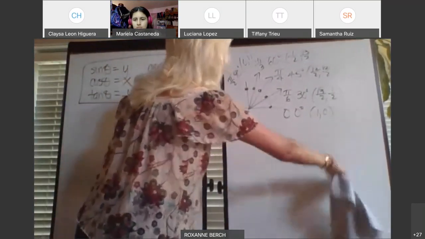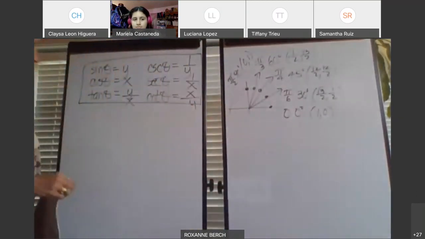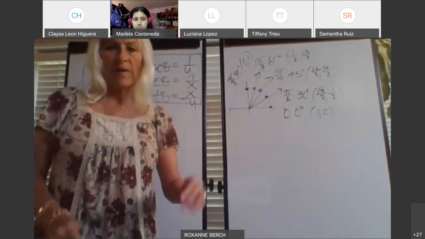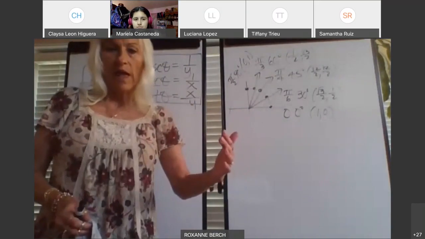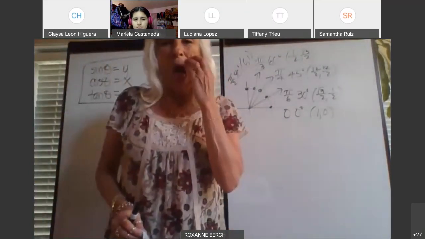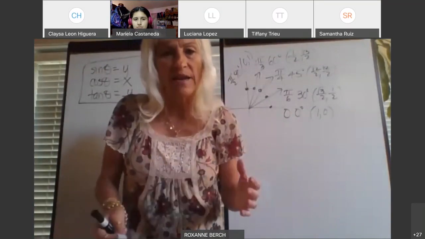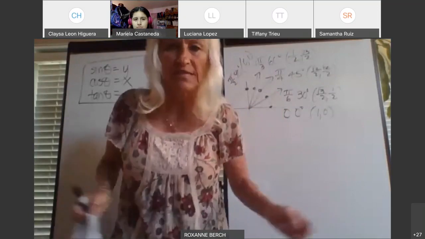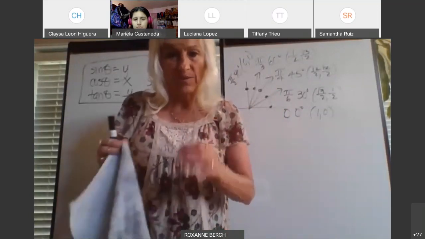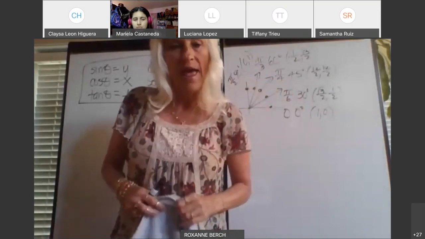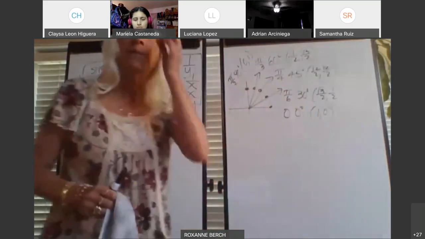All right, you set? All right, I'm going to give you a problem and I'm going to give you some time to do it and we're going to see if everybody can do it. Okay, and then what I really want is anybody who wants to show your face, put on a baseball hat or do something. I want you to show me a thumbs up or a thumbs down, and we're gonna see if we get this or not.